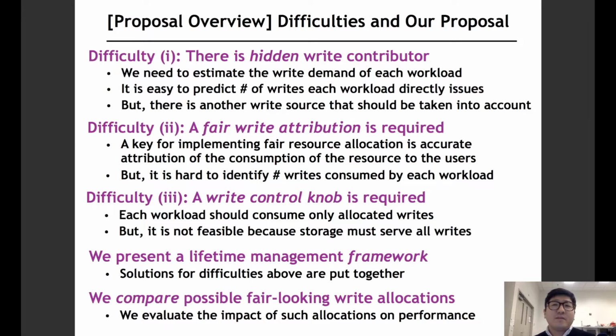A key building block for implementing fair resource allocation is an accurate attribution of the consumption of the resource to the user. But it is hard to identify the number of writes consumed by each workload in consolidated settings. Finally, a write control knob is required. We should make each workload consume only allocated writes, but this is not feasible in storage systems because storage must serve all writes.